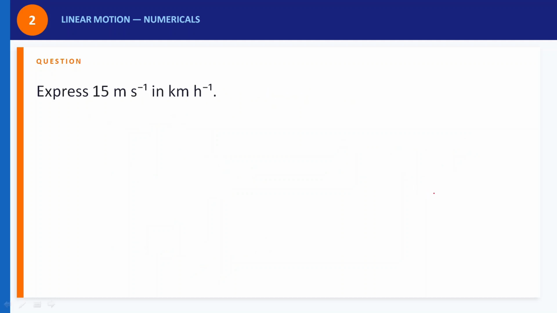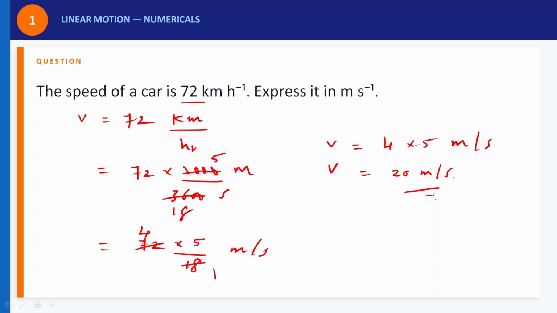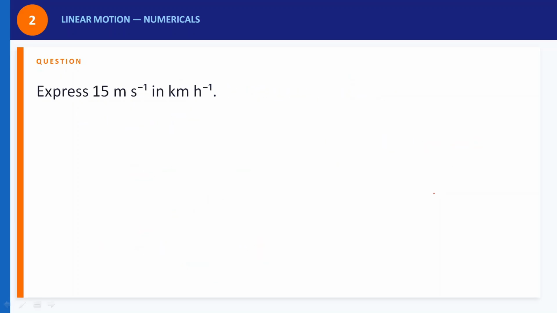Express 50 meter per second into kilometer per hour. We have seen 1 kilometer per hour equal to 5 by 18 meter by second.